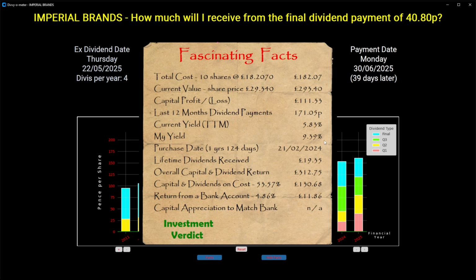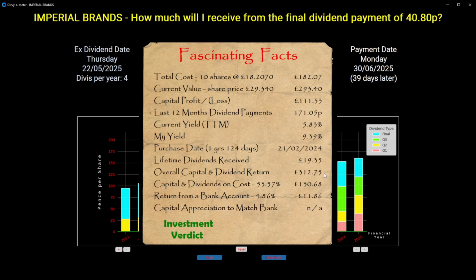Just seems absolutely too massive. I must admit, I've had them for about a year and 4 months nearly. Purchase date February 24. So over the lifetime I've received dividends of £19.35, which has given me an overall capital and dividend return of £312.75.